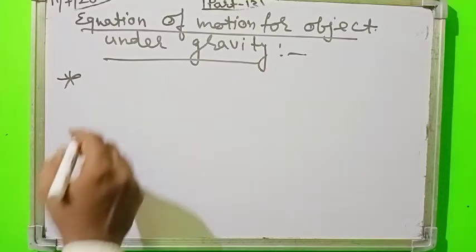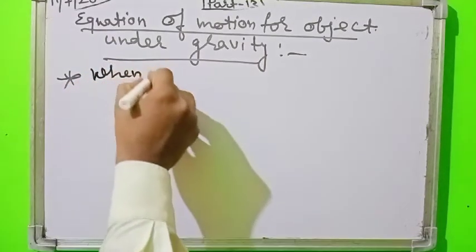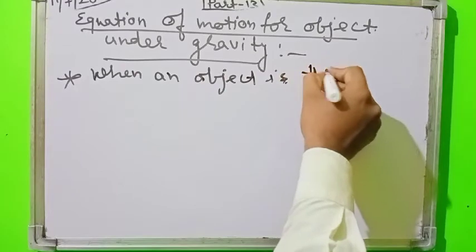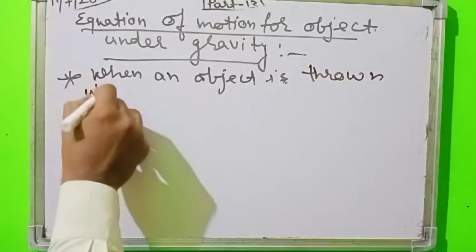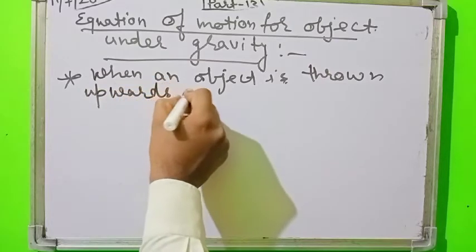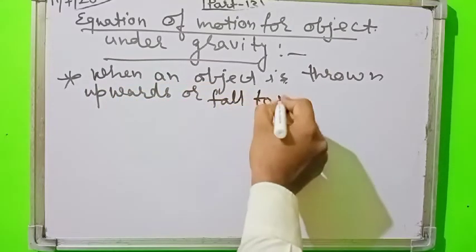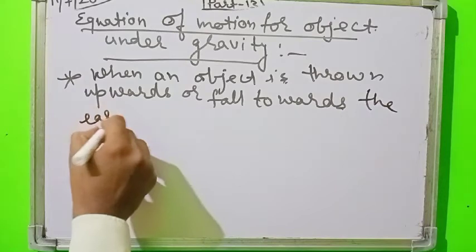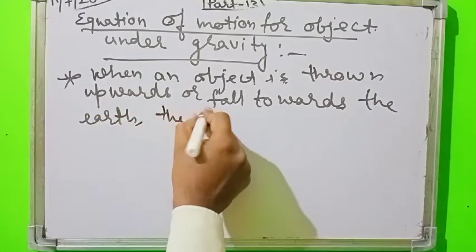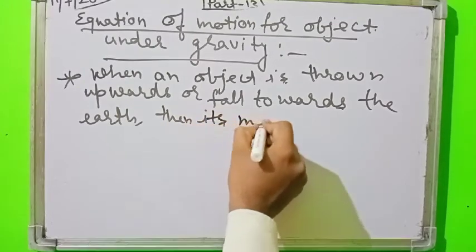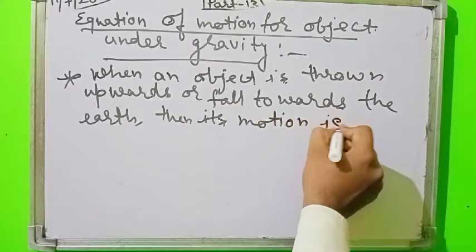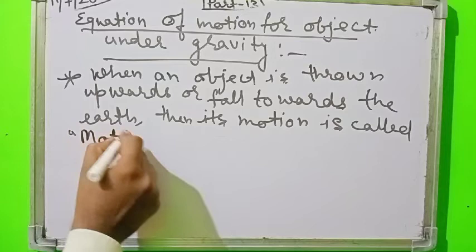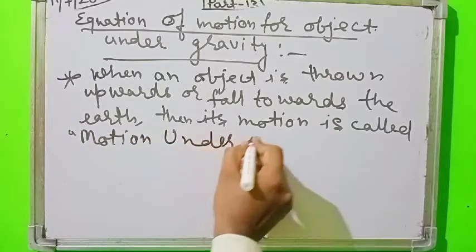So when an object is thrown upwards or falls towards the earth, then its motion is called motion under gravity.